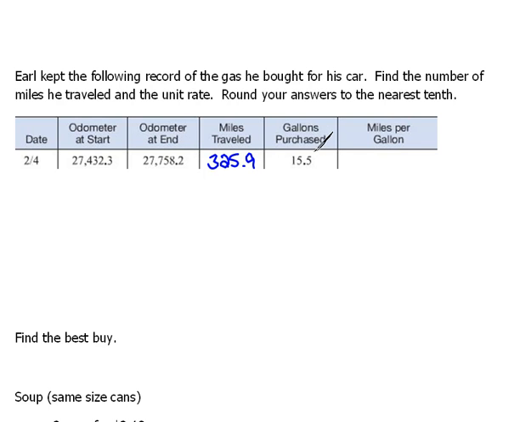Now, it says that he purchased 15.5 gallons of gas. They want to know the miles per gallon. Well, I always like to let my answer lead me into how to find the answer. If they want miles per gallon, then that means I have to write miles over gallons.